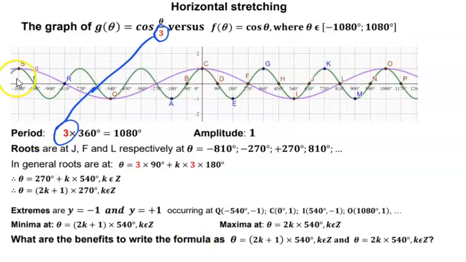So the period increases 3 times, and the amplitude still stays the same because our coefficient of the cos, the a here, is still 1.